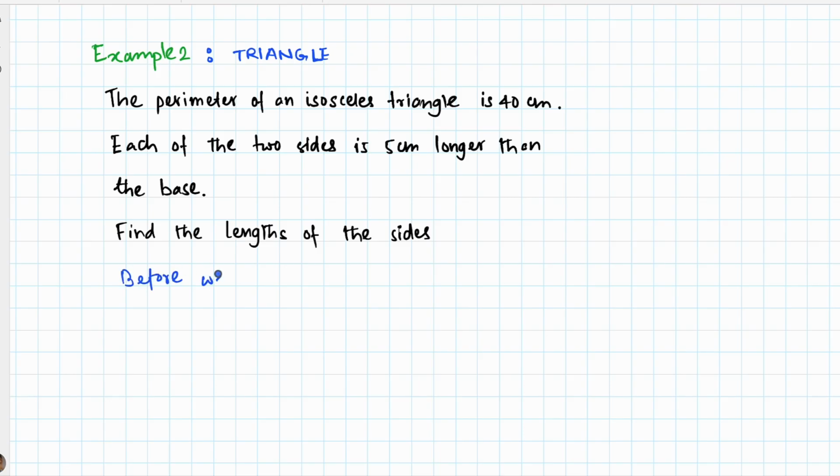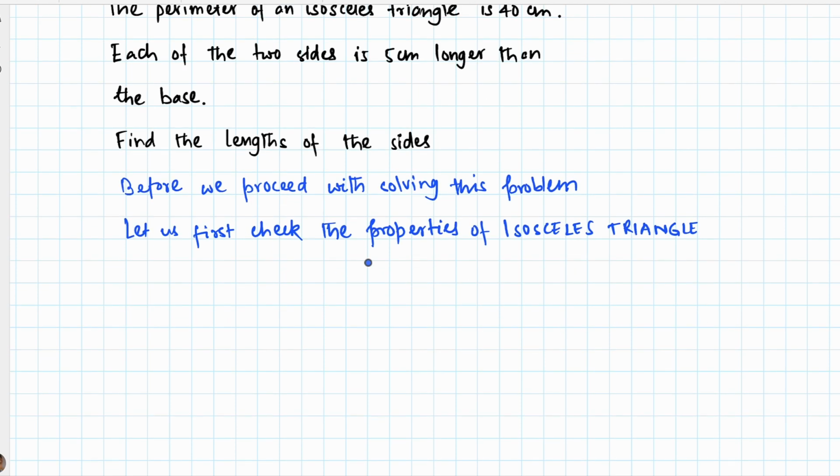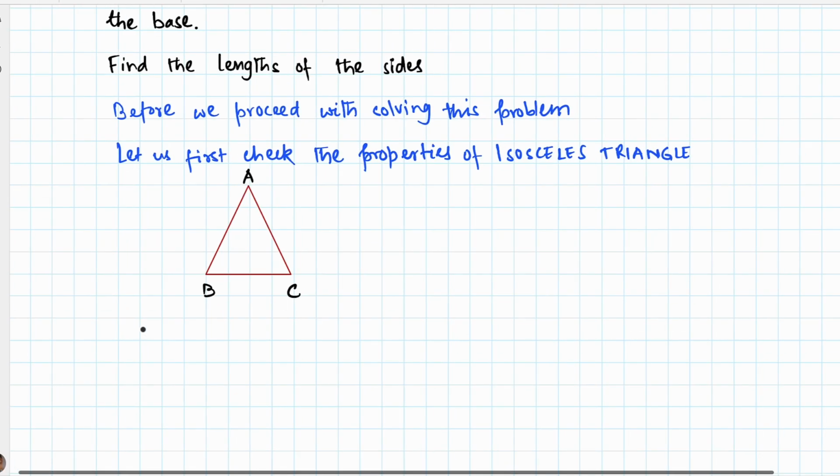So before we proceed with solving this problem, let us first check the properties of the isosceles triangle. Now in an isosceles triangle, let's draw a triangle and put ABC as the vertices.